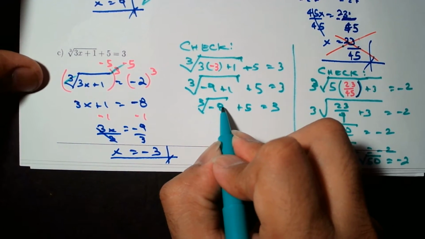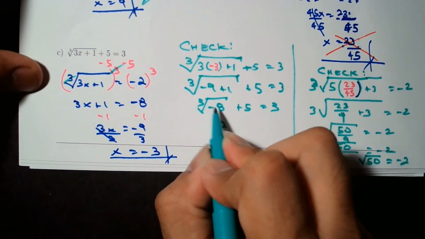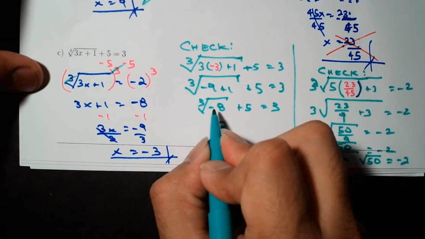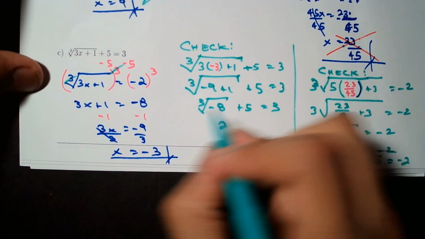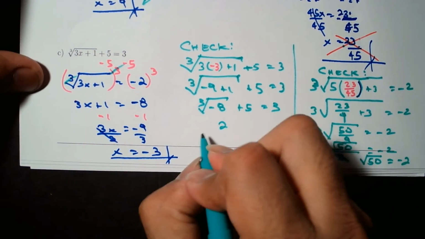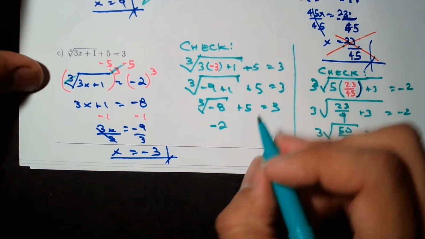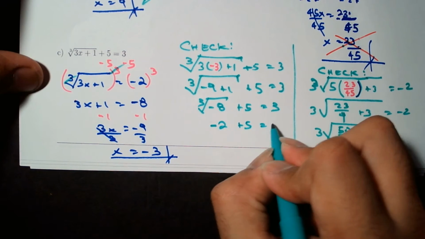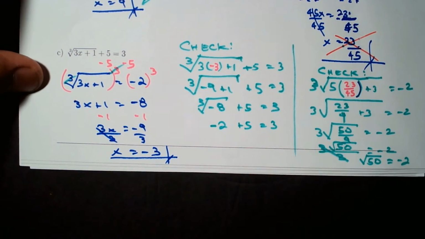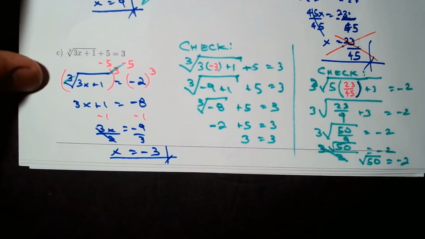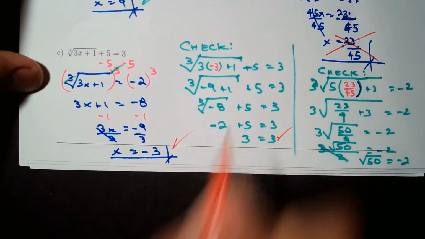The cube root of 8 is 2, but because of the negative, keep in mind that for odd indices we can evaluate roots of negative numbers, and the negative goes outside. Negative 2 plus 5 gives us 3 equals 3. So in this case, we have a legitimate solution.